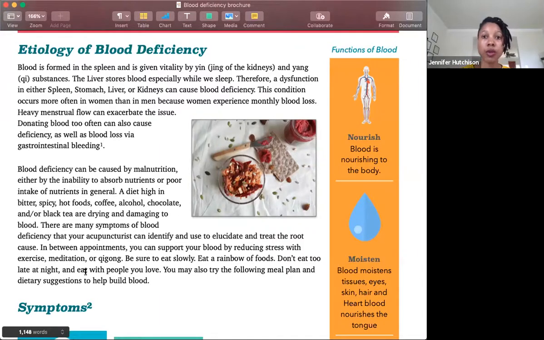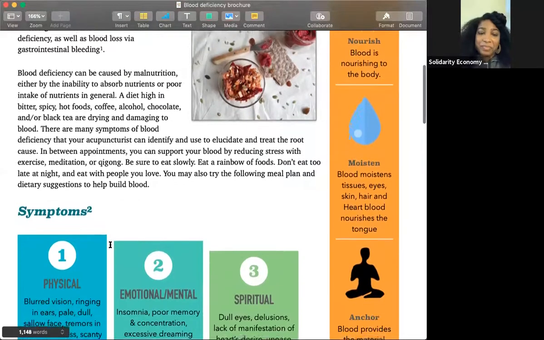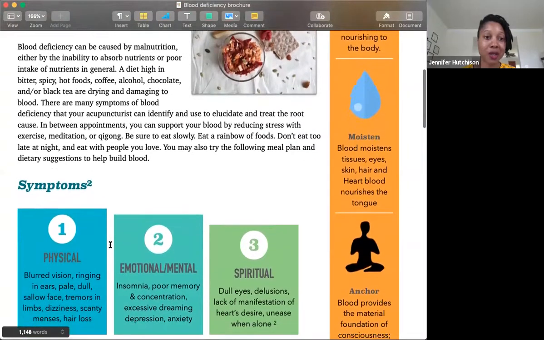So after birth, most women may feel some of the symptoms of blood deficiency, which I'll talk about. I personally did as well. That's one of the reasons why I thought, oh, blood deficiency, that's my thing. I was feeling it. So I want to talk about it and share what we can do to help that.